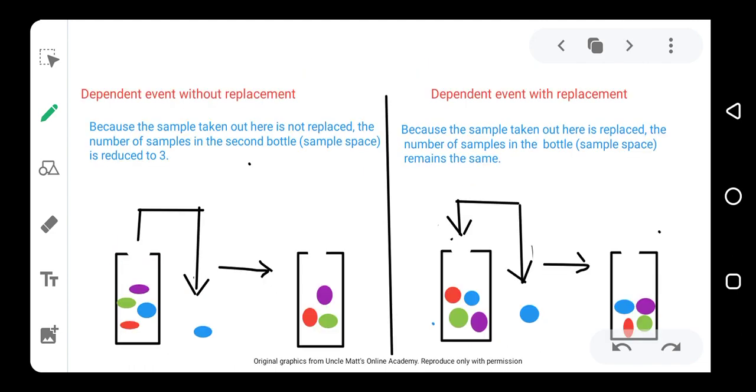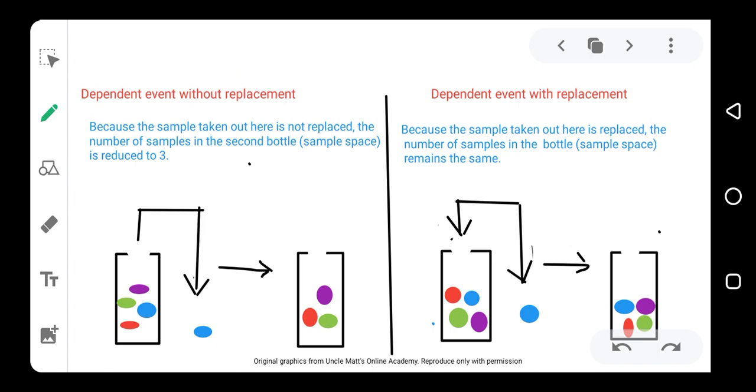Now this is a graphical illustration, a diagram to illustrate the difference between dependent events without replacement and dependent events with replacement.